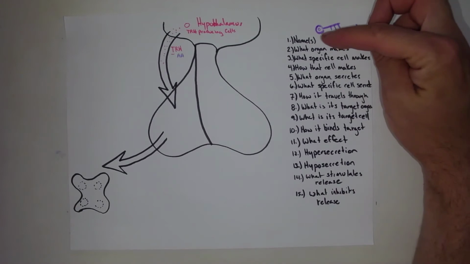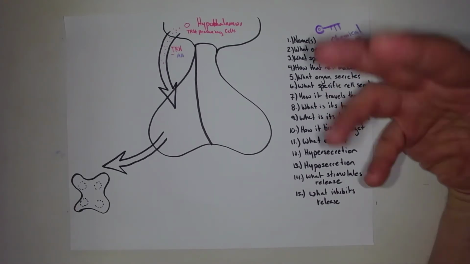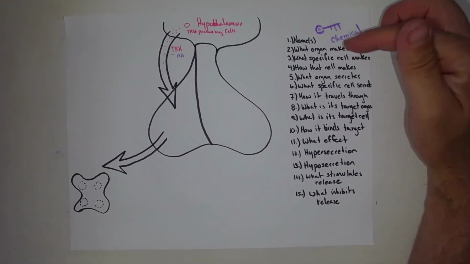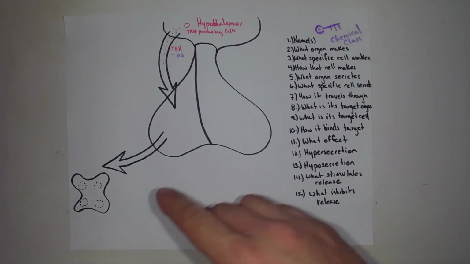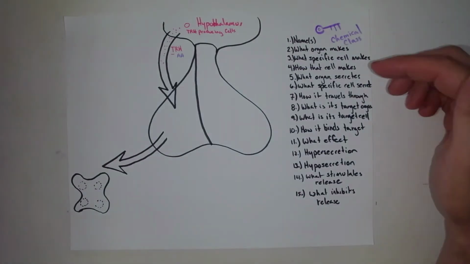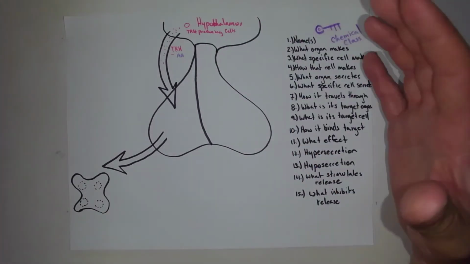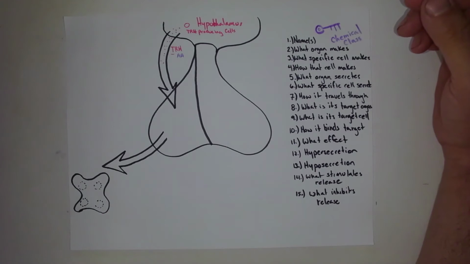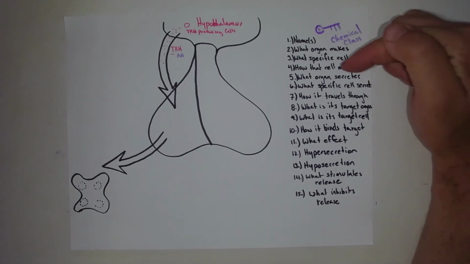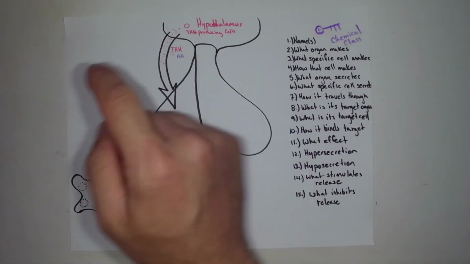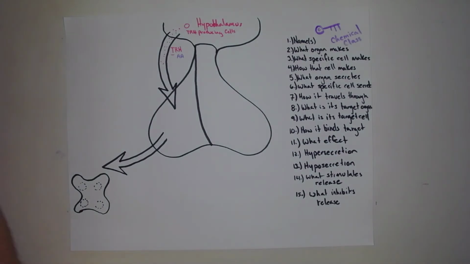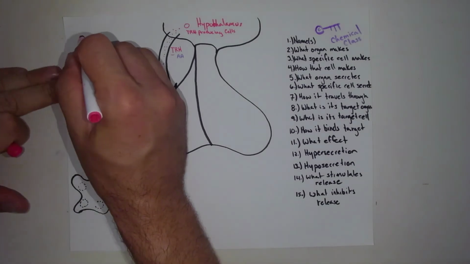Okay, we know the names because we learn those names. We know the organs that make those hormones because we study our homunculus. We know the chemical class using this organization I've shown you in previous videos. Now, how does the cell make an amino acid based hormone? Well, this is the same way that any cell makes an amino acid based hormone.